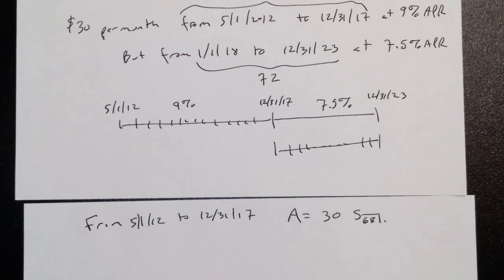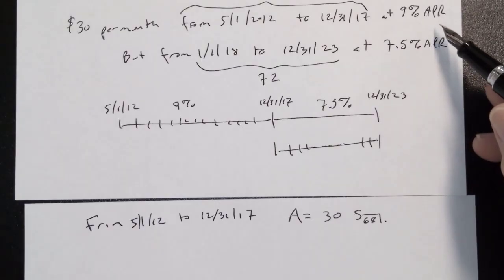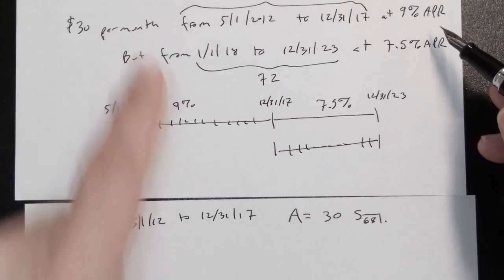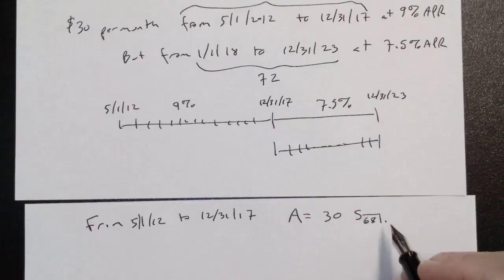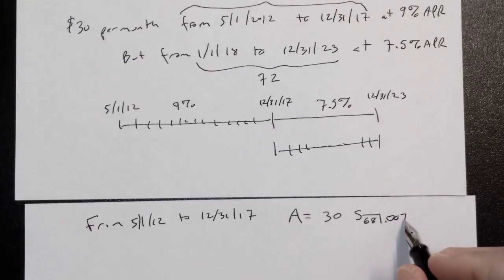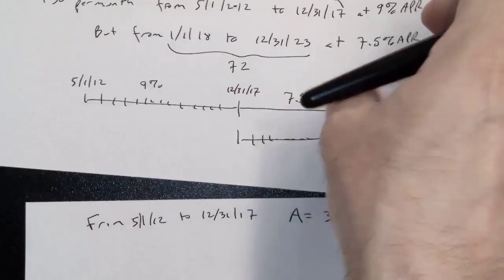What I goes here? But that 9% is an APR. That's annual. And I want per month. So, right, that's 0.0075. And now I can figure that number out.